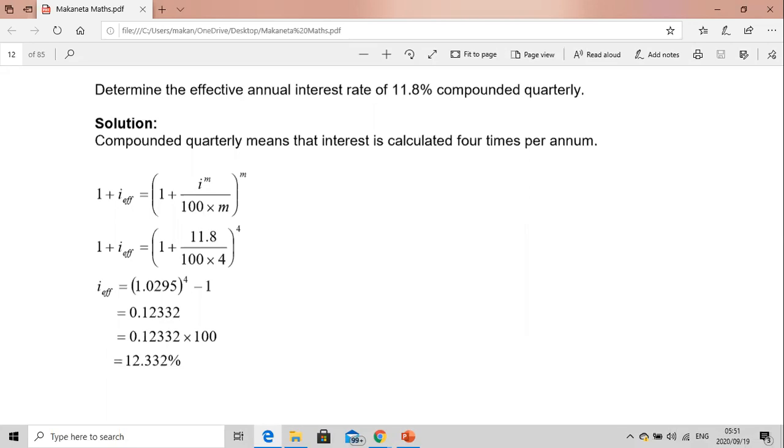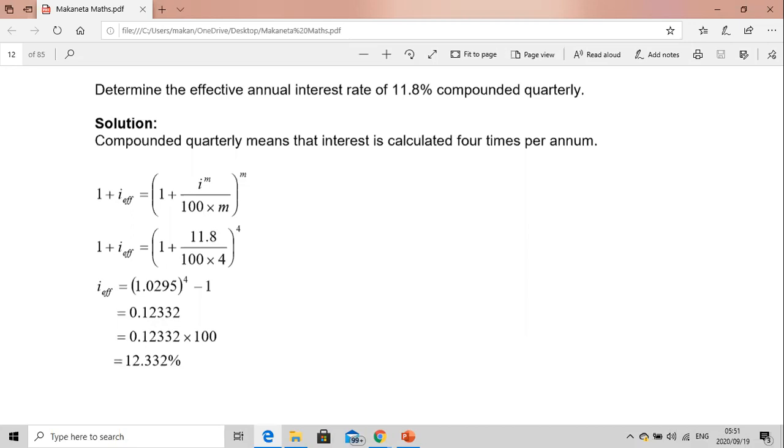Suppose you are given the interest rate of 11.8%. Please do not round it off and make it 12%. There is a tendency by some learners to round off. You don't round off the given percentage, you leave it as it is.